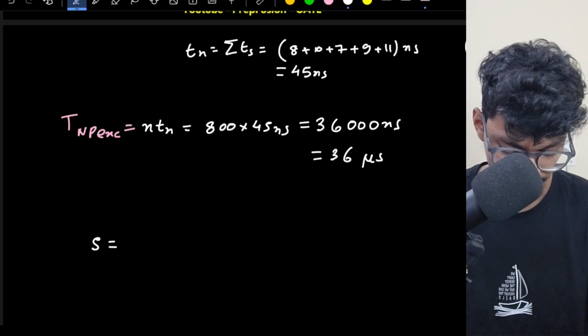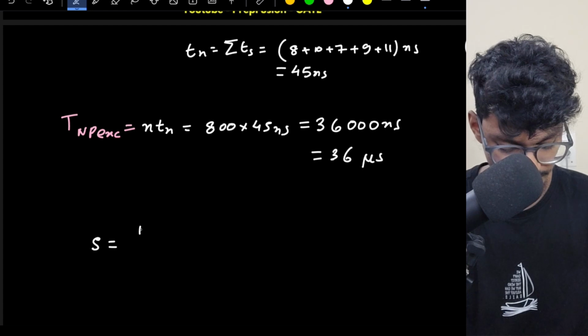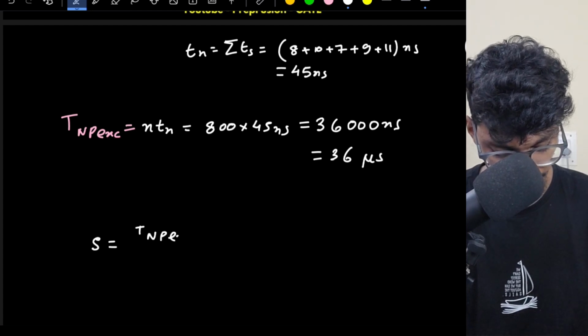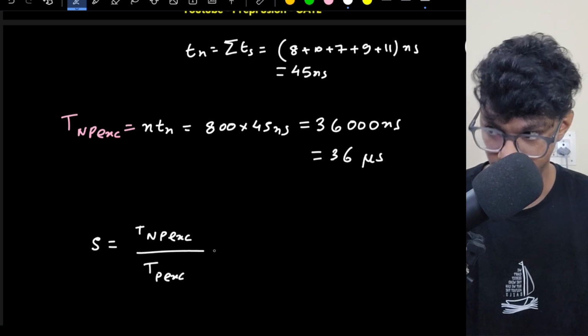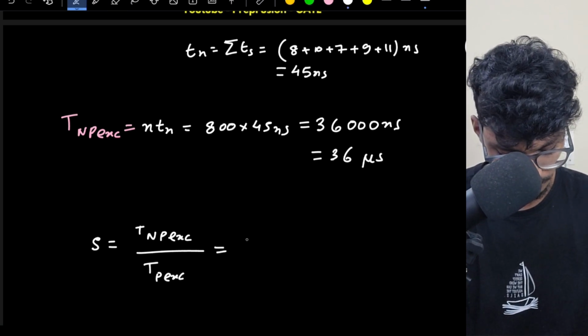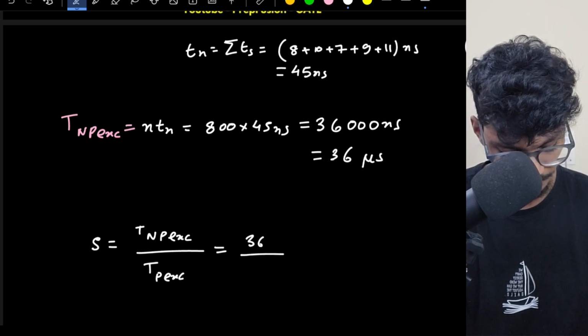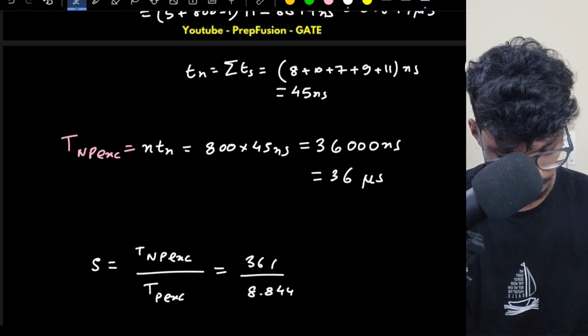Speed up ratio S will be simply higher by lower, right? So what is higher? Higher is 36, that is the non-pipeline execution time, divided by the pipeline execution time. So this will be 36 micro divided by 8.844 micro.